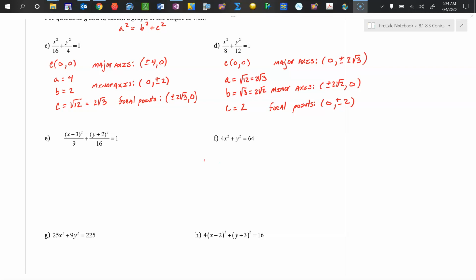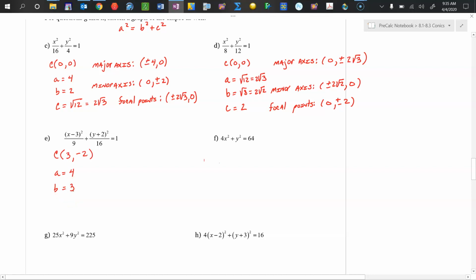So here we go. You can see that letter E is an ellipse in standard form, and it has center with coordinates 3, -2. A squared is equal to 16, so a is equal to 4. B squared is equal to 9, so b is equal to 3.